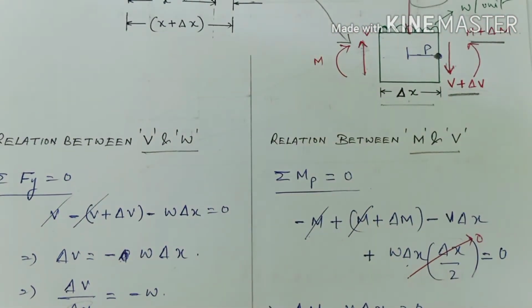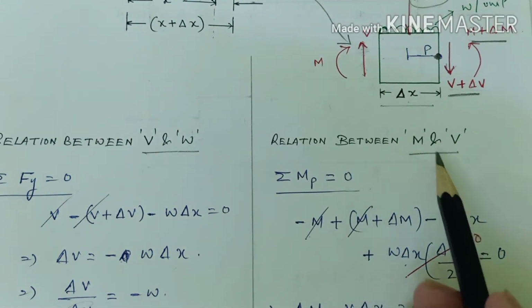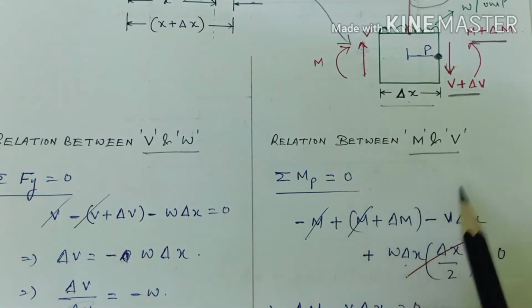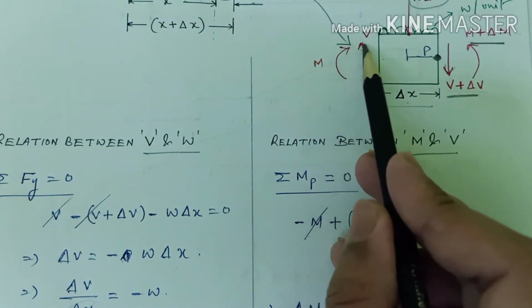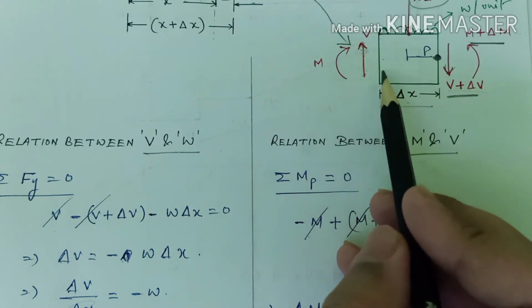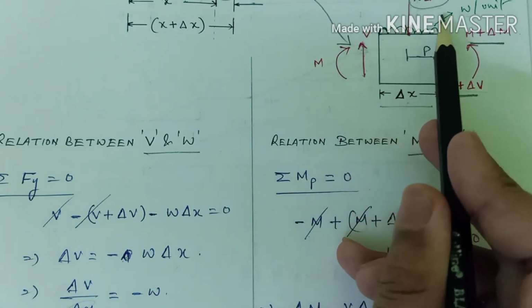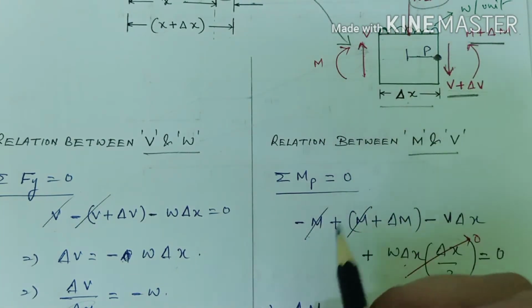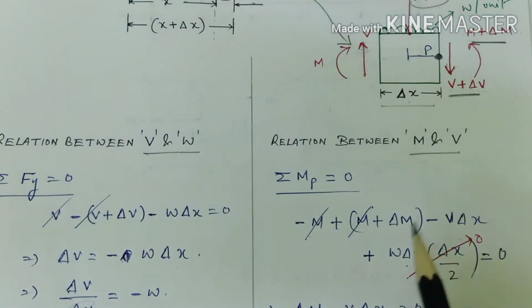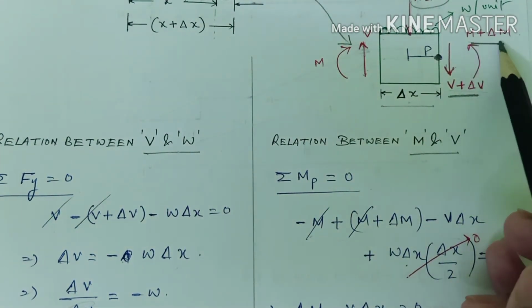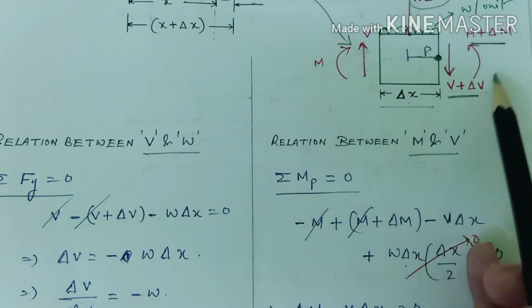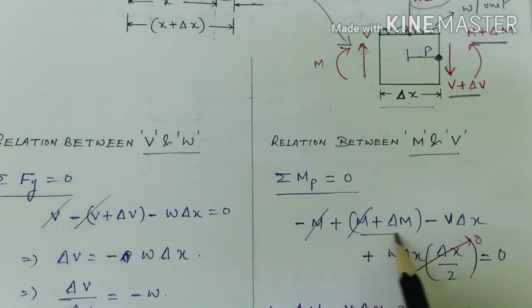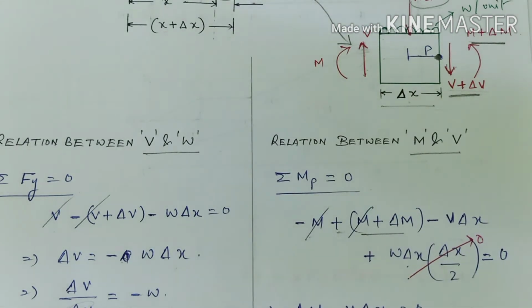As per the sign convention, I'll be taking anti-clockwise moments as positive and clockwise moments as negative. So the very first one will try to rotate this beam in a clockwise sense, so this will be negative M, right? And this M plus delta M will try to rotate this element in an anti-clockwise sense, so it will be positive M plus delta M.